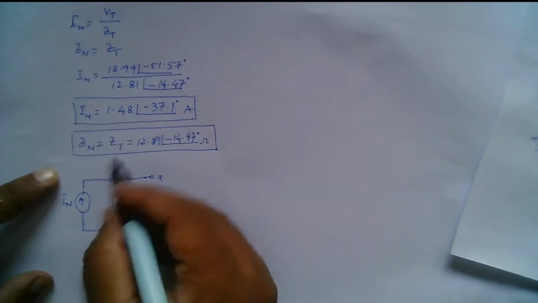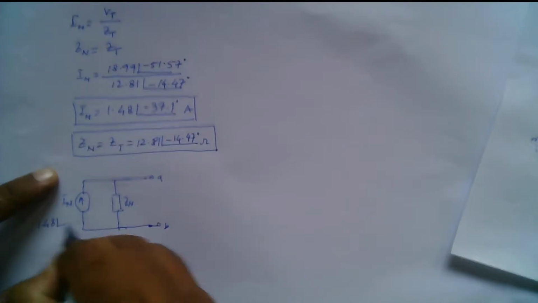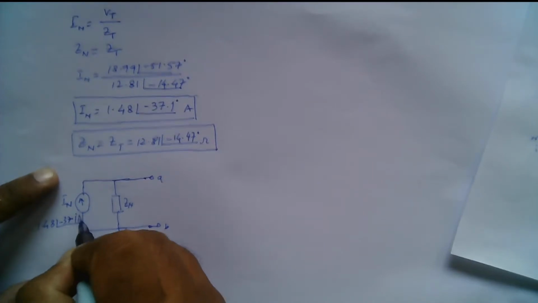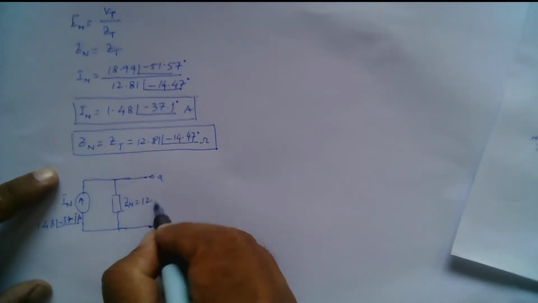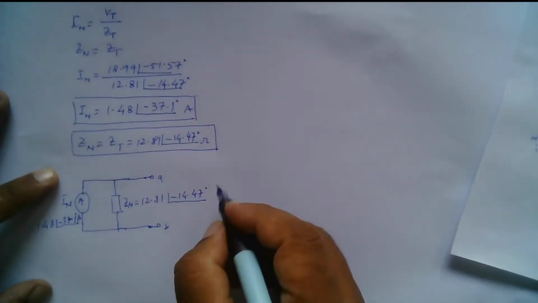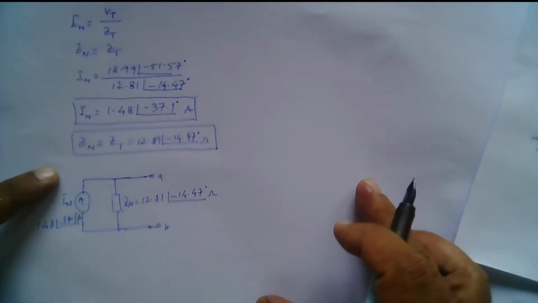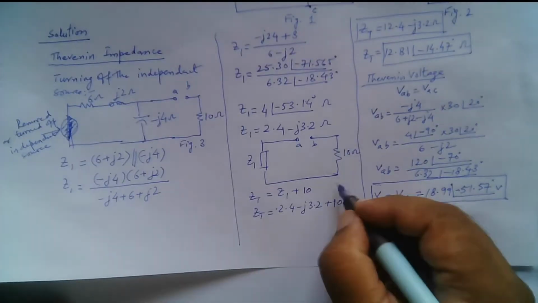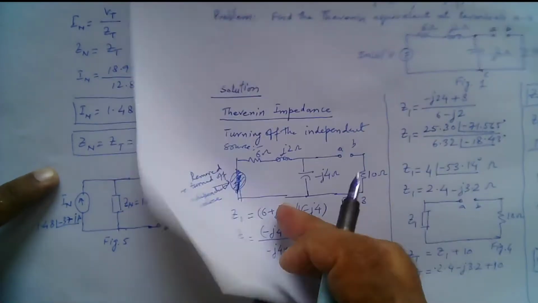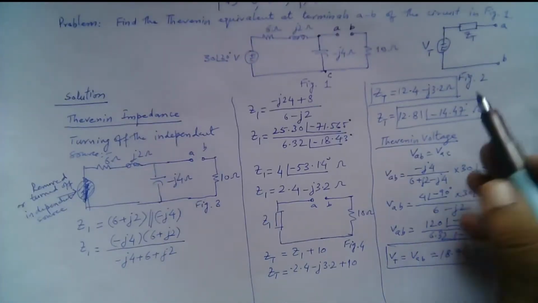So I Norton is 1.48 angle minus 37.1 degrees amperes, and Z Norton is 12.81 angle minus 14.47 degrees ohms. So this is the Norton equivalent circuit, right? This was figure 3, this was figure 4, and let's call this figure 5. This Norton equivalent circuit is found after we have found the Thevenin equivalent circuit, using the source transformation.